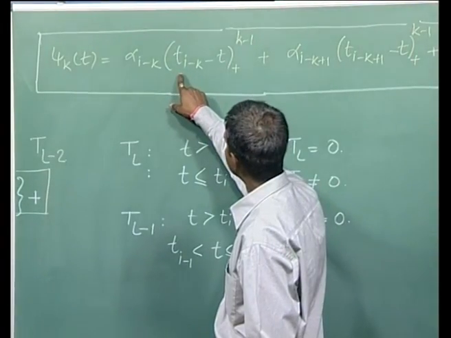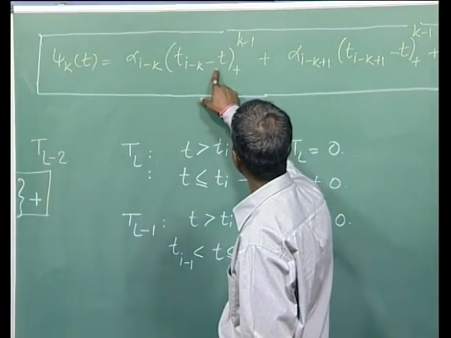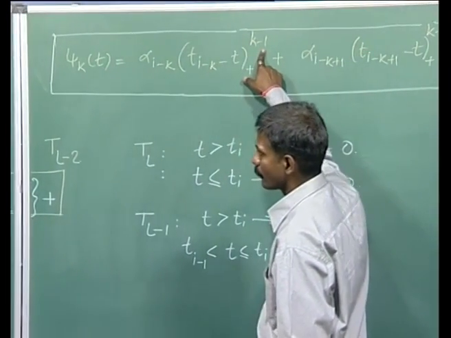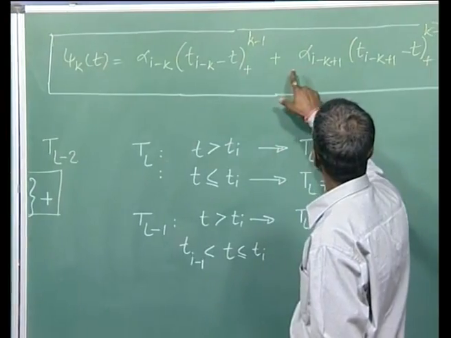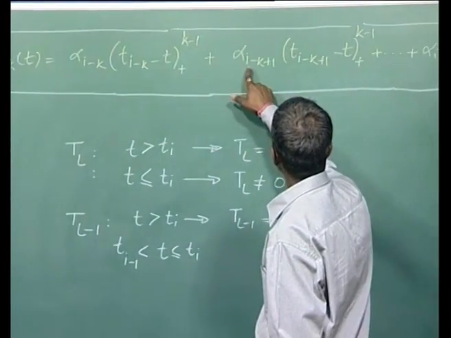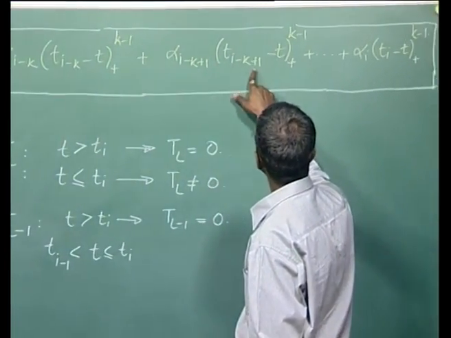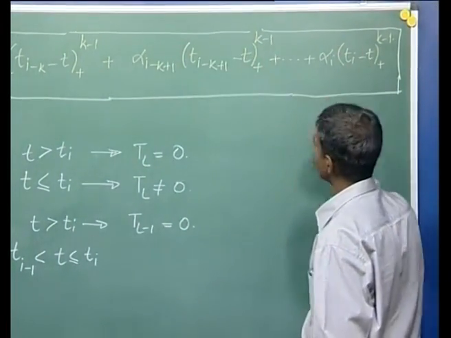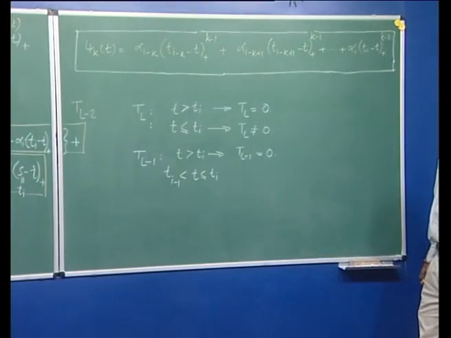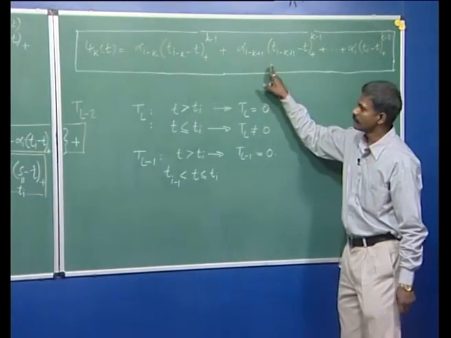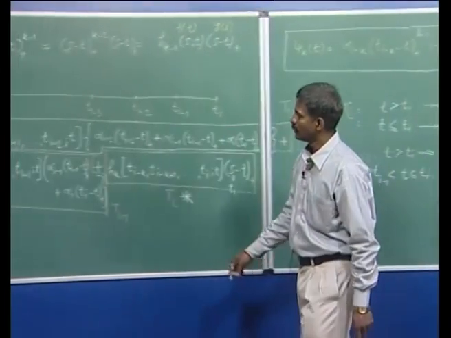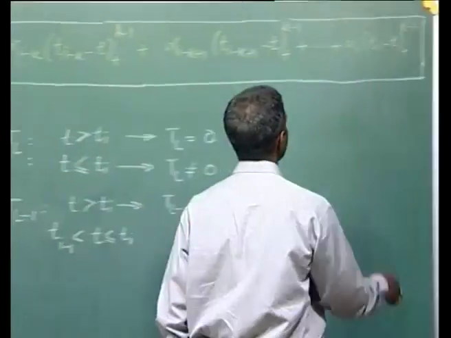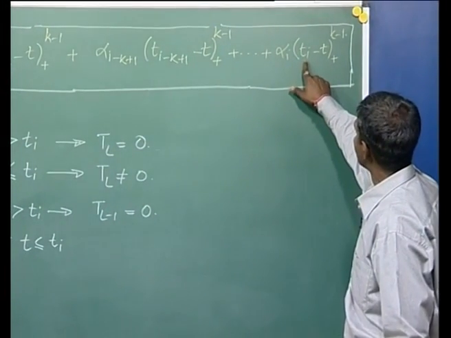It will be a linear combination of terms like (t_i-k minus t) truncated raised to k minus 1 plus alpha_i-k+1 (t_i-k+1 minus t) truncated raised to k minus 1, and so on and so forth. Now when you place the last knot as t_i-1, this is t_i-1 right here.